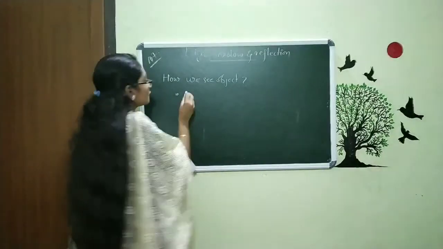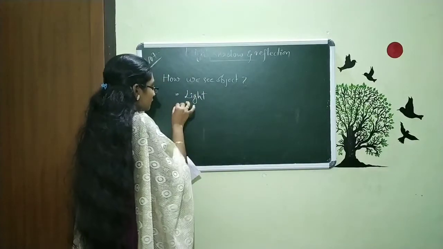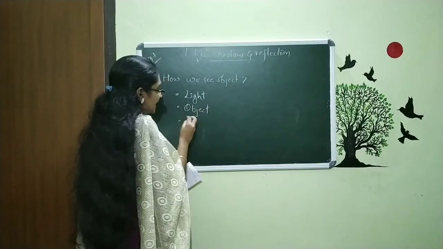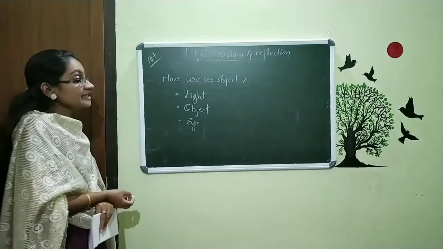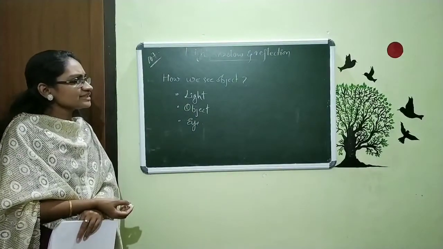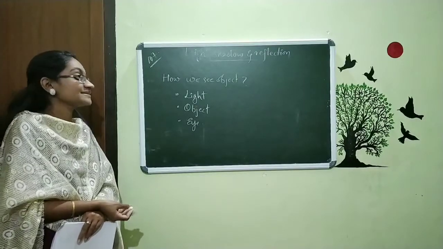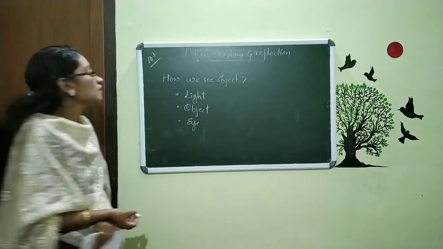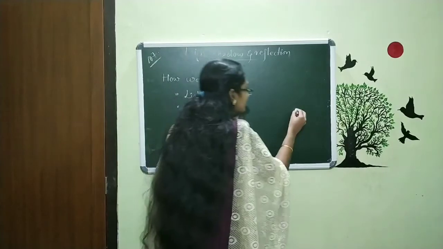For that, first we need light, object and eye. These are very important to see a particular object. And now my question is, how is it possible to see a particular object with this light, object and eye? That is the question.